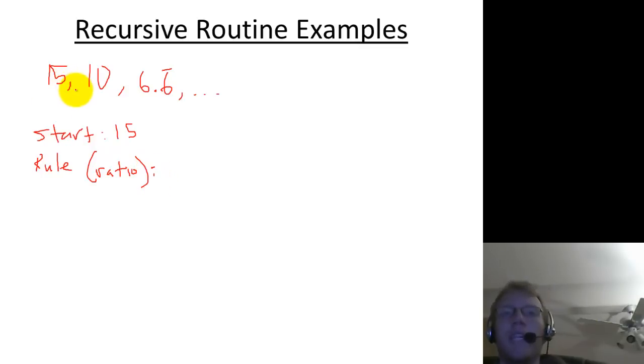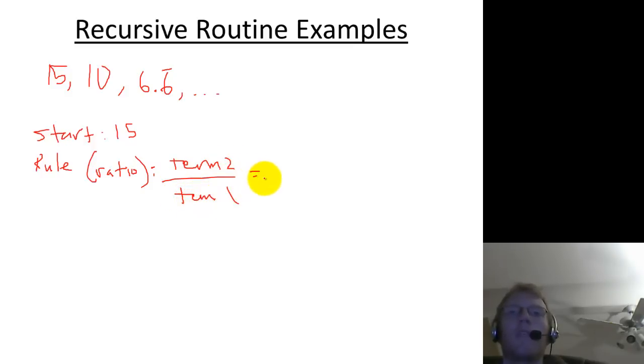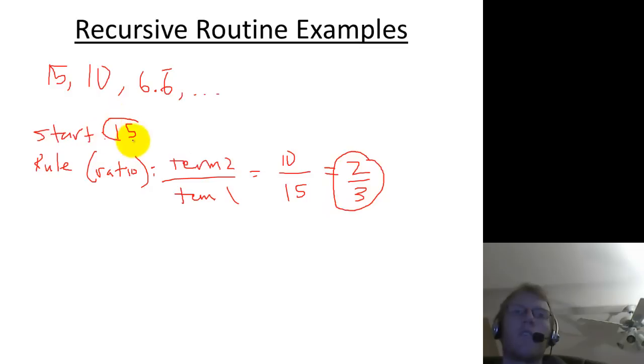You might not be able to look at this one and immediately say, bam, that's my answer. A lot of times you can just do term 2 over term 1, and without even thinking about it, you get the answer. So you write down 10 over 15, and then you can reduce this and get 2/3. So your ratio is 2/3, your starting value is 15.